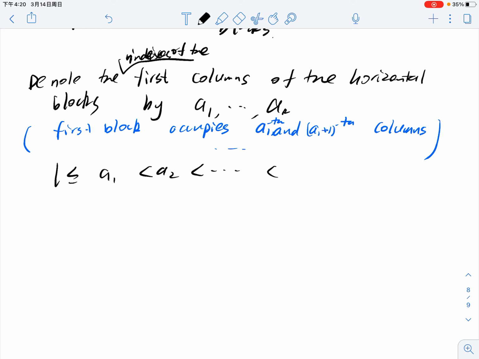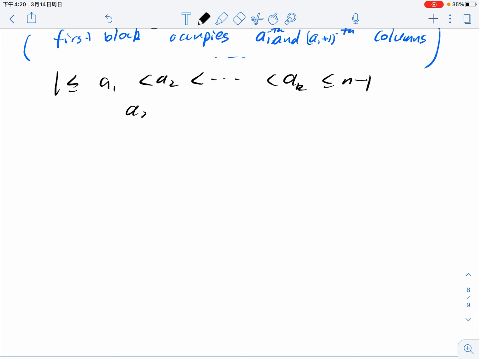Then you can write it down in this way, and we also have the property that adjacent Ak's have a difference of at least 2, otherwise you have overlap.